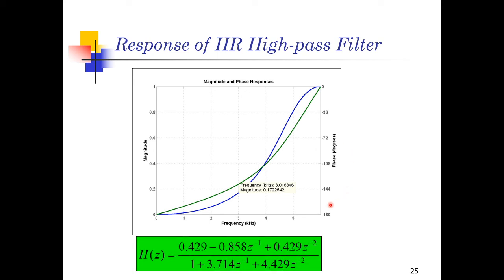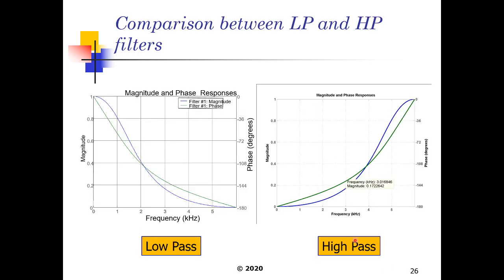One thing to note is that this is also maintaining the nonlinearity because of the approximation we did from s to z. In comparison, the low pass filter design goes downwards, but the high pass filter design goes upwards instead.